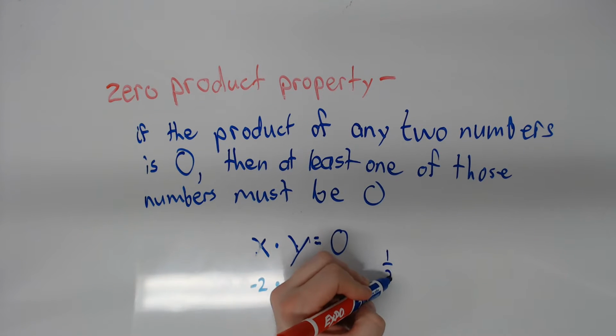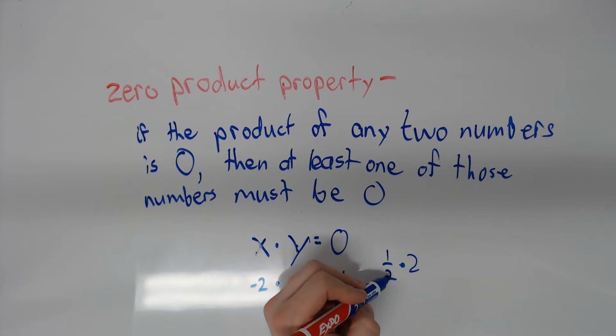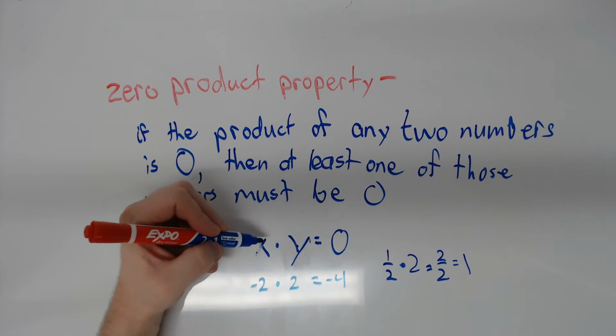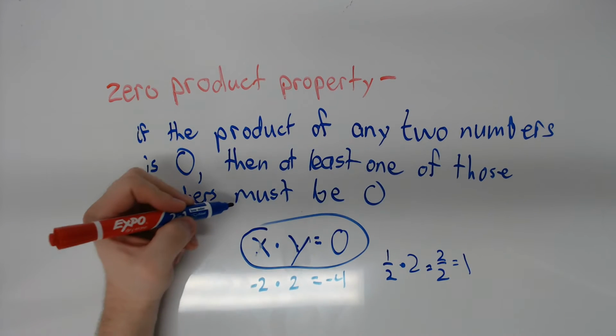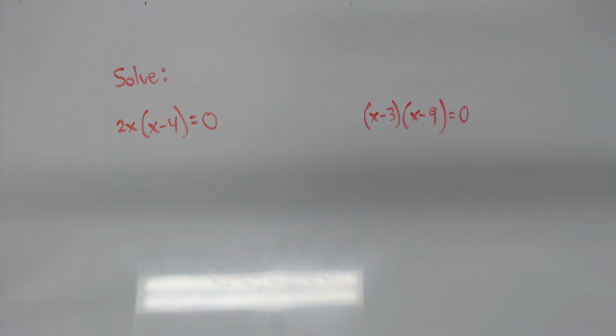Or if I do 1/2 times 2, well, that's just 2 times 1 and 2 times 1, I get 2 over 2 or 1. There's just no way to make this happen without one of the numbers being 0. So the zero product property is going to guide how we solve equations this lesson.